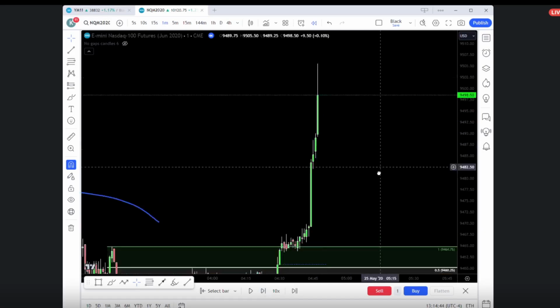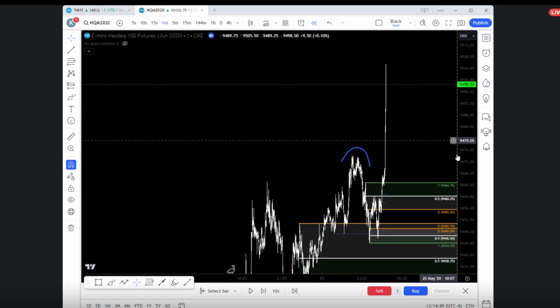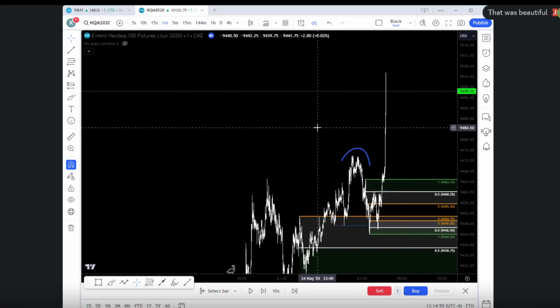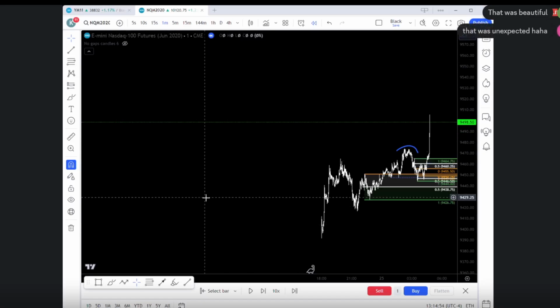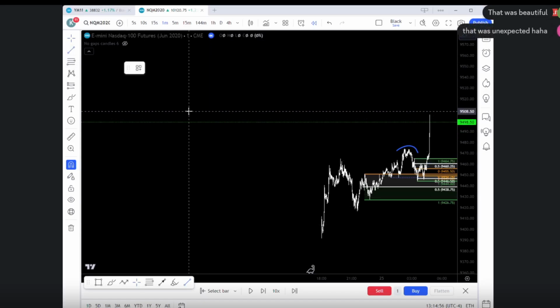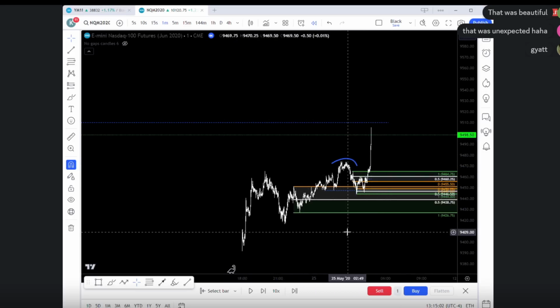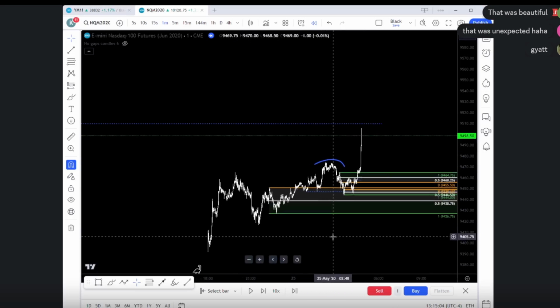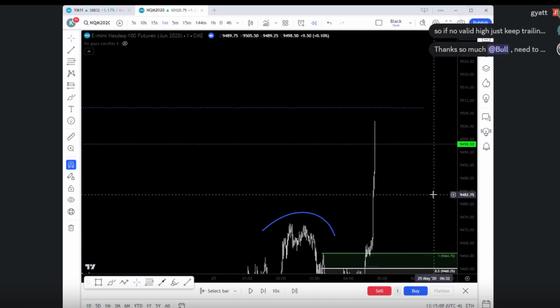That's how you catch monster moves here. Right? Now, problem is that we don't know what's going on over here. There could be a high that's slightly above, say here. Right? We're just following on a lower time frame what it's telling us it wants to do. But at some point, you're going to look for accumulation.